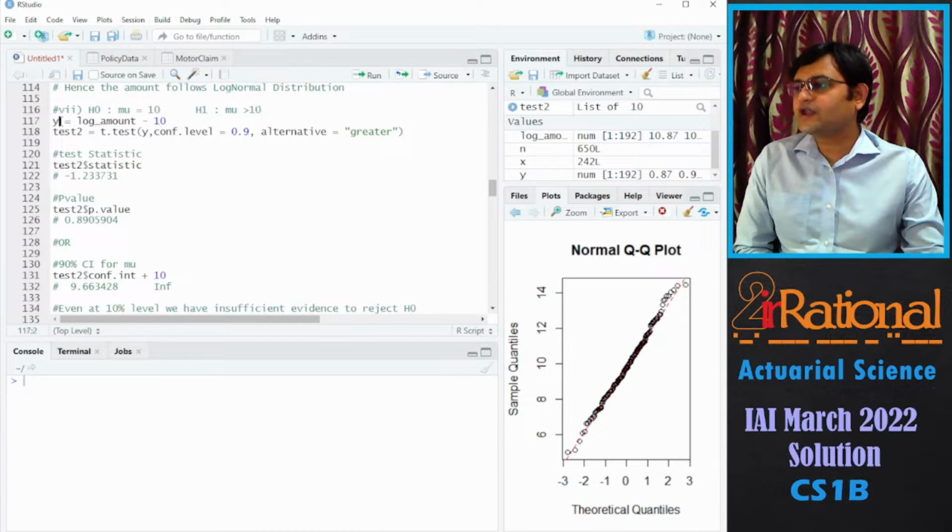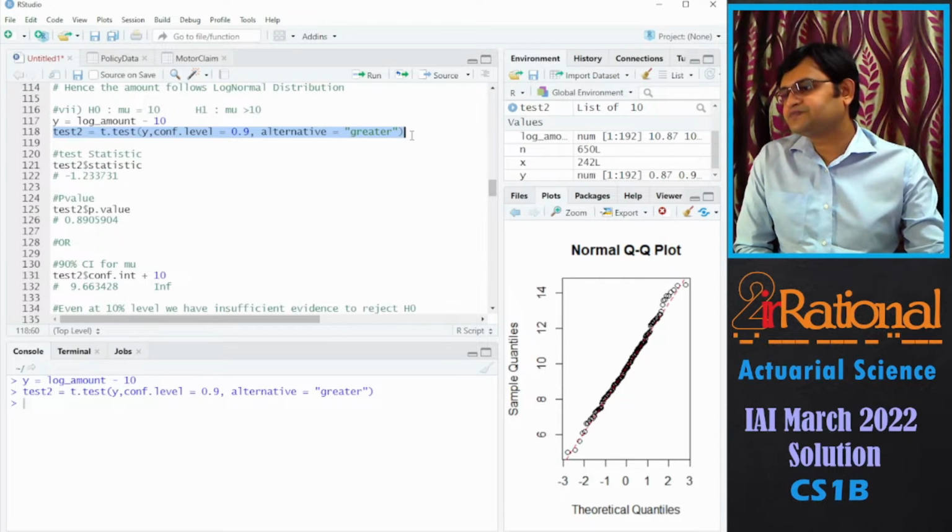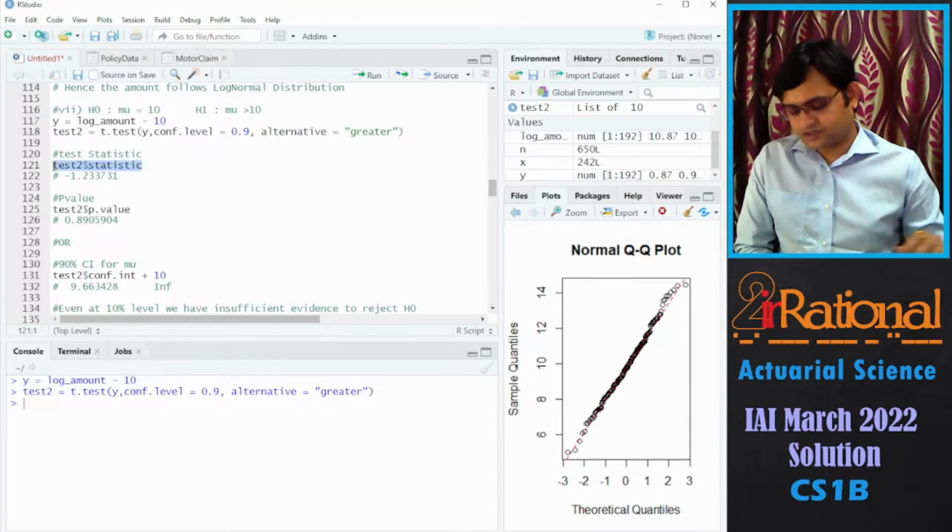I have taken my variable as y, that is log amount minus 10, so that I can directly test that the mean of y is equal to 0 or greater than 0. So that is what this test is going to be. I'll run this. And the test statistic would be this.